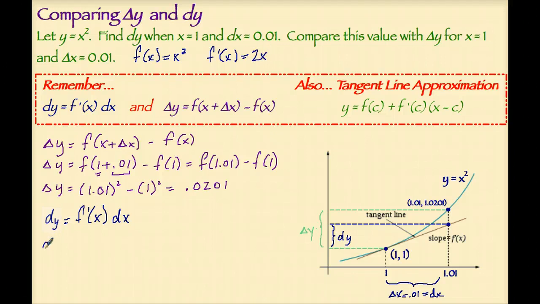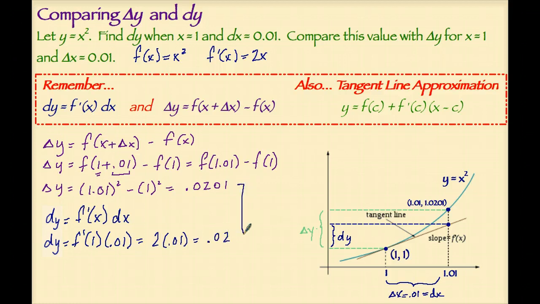So for this differential, we're going to need f prime of 1 times the differential, which was 0.01. When you put that into the first derivative, you get 2 times 0.01, which means the differential is 0.02.